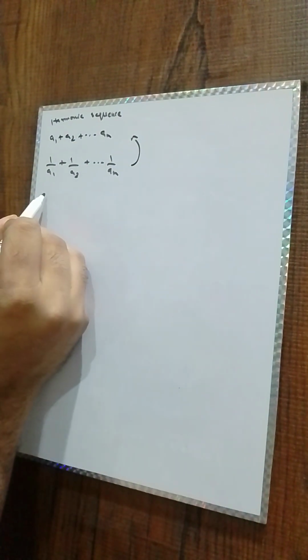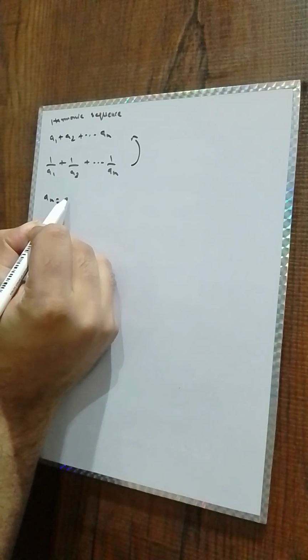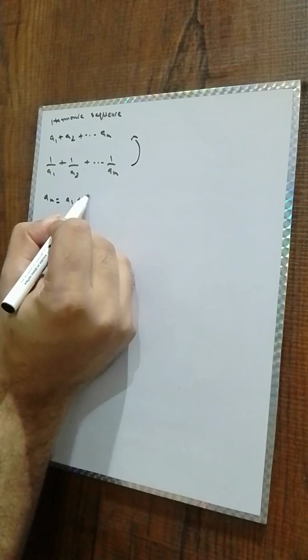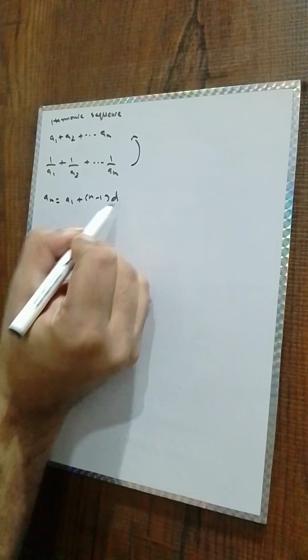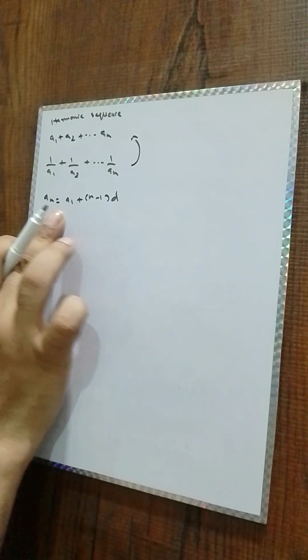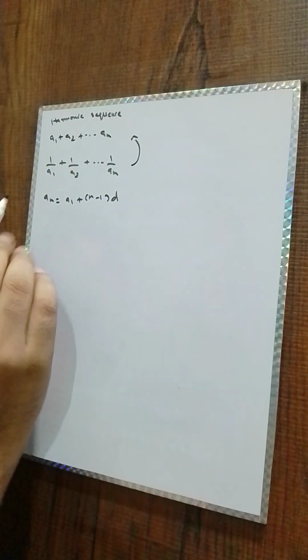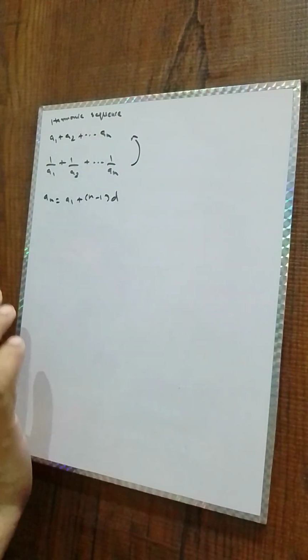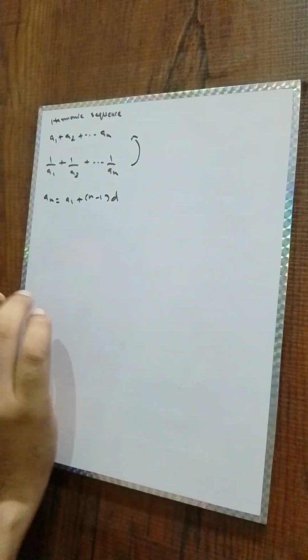For example, for the nth term we have the formula which says a1 plus n minus 1 into d, and for the sum up to n terms it says the same. Once we have this nth term, then we can do 1 by an for every term.